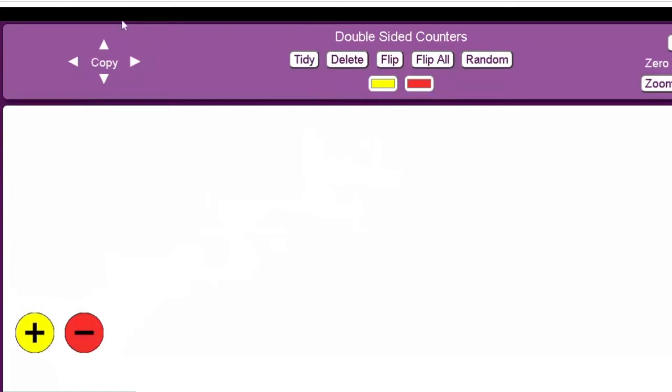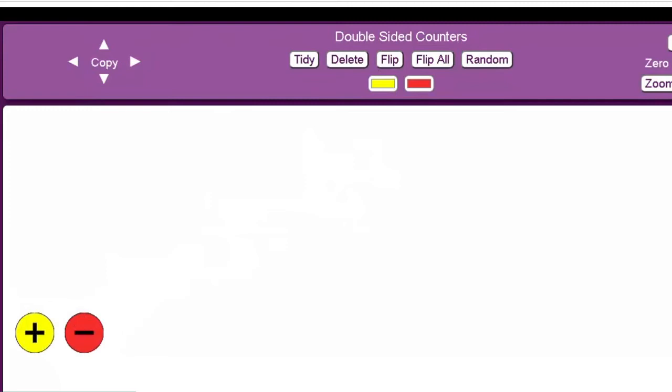Okay, so that was 2 positives and 2 negatives. Put them together, you get a 0. So you'll get the same again if you did 3 positives and 3 negatives, and so on and so forth. So now let's explore the idea of an imbalance in charge, which we see in electrostatics in general, or electricity in general.